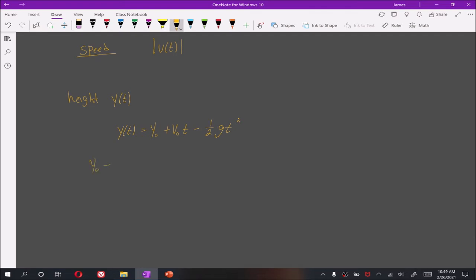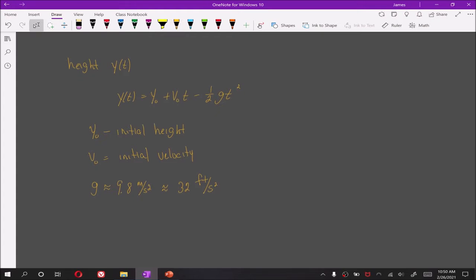In this case, y naught is the initial height of the object, v naught is the initial velocity of the object, and g is the acceleration due to gravity near the Earth's surface, and we take it to be approximately 9.8 meters per second squared, or 32 feet per second per second. Now, an object that's following this model is said to be in free fall.